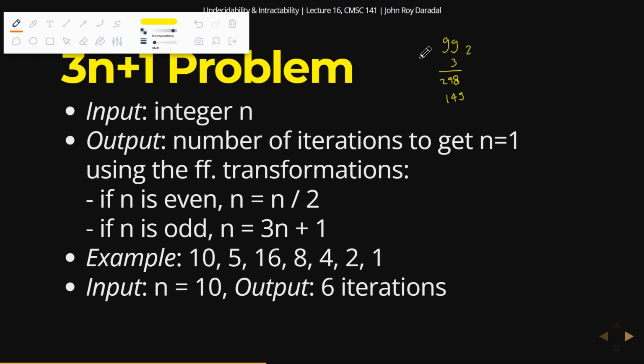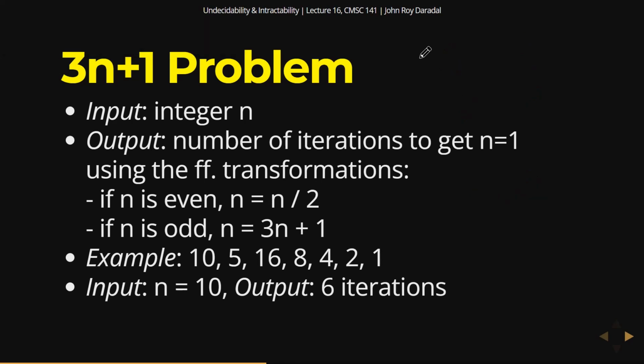And then 149 times 3 is 447, then plus 1, 448. So you went from 99 to 298 to 149 to 448. So it's oscillating, right? From low to high to low to high. So the pattern is really unpredictable. We're not sure that it will stop for all possible integers. So this one is undecidable.